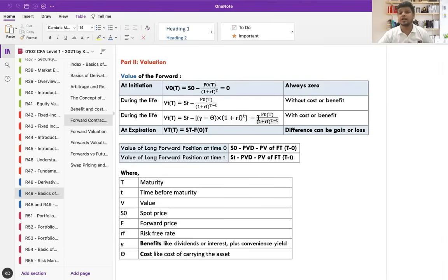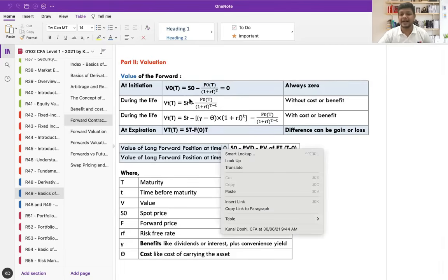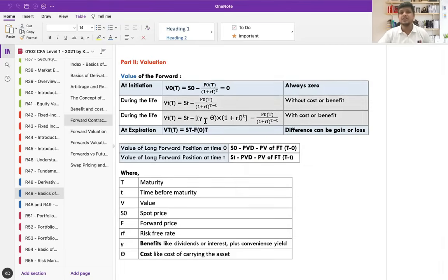So that's what you can do during the life of the contract, right? Now, if there is no cost and benefit, then the difference is only between the spot and the future price. Clear? At any time, if you don't want to get mixed up in these formulas, you know what? I just tell students, ignore all this. Just focus on one thing.